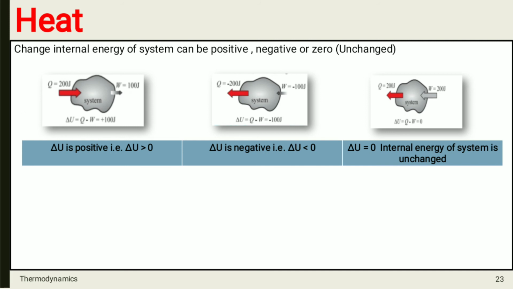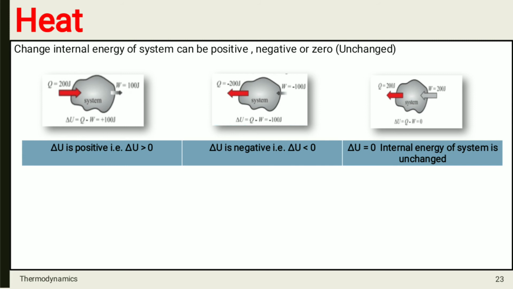Then with the help of the first law of thermodynamics, you can calculate the value of change in internal energy delta U. Then delta U is equal to Q minus W, that is 200 minus 100.